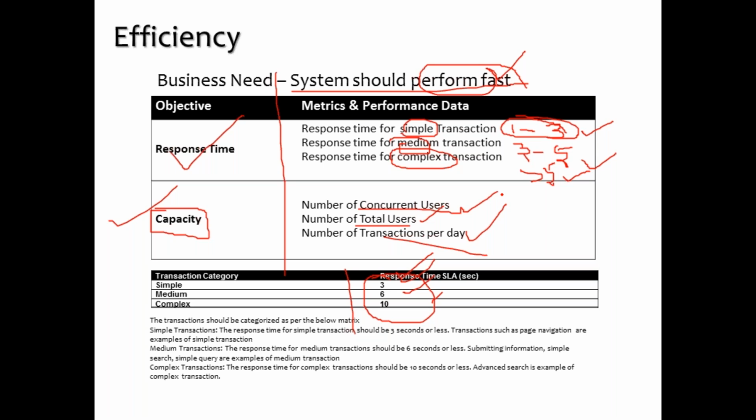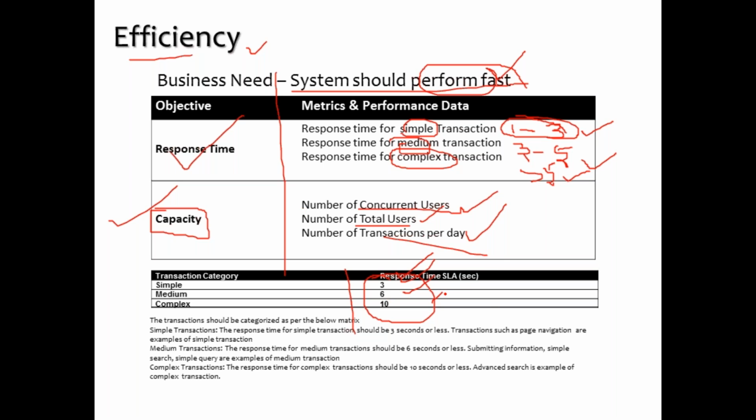Efficiency can also be defined in terms of capacity. All that goes under efficiency, which talks about the performance of the system.